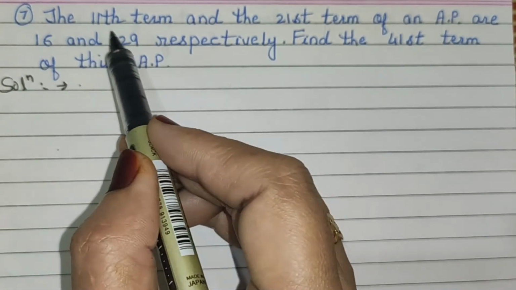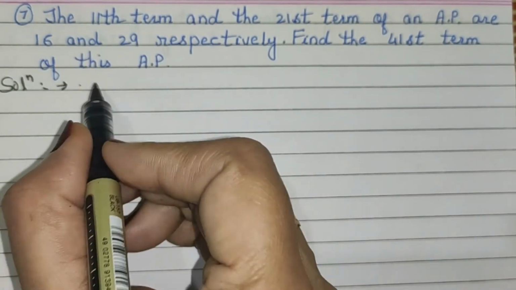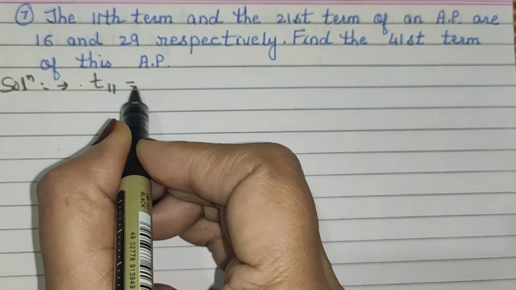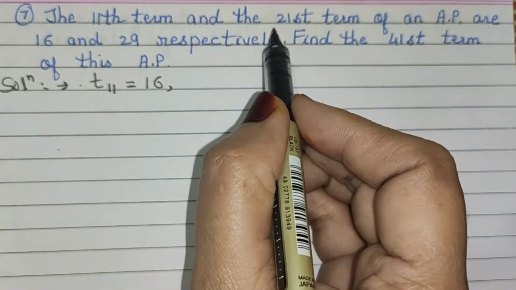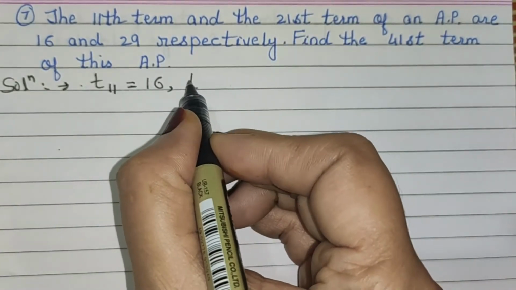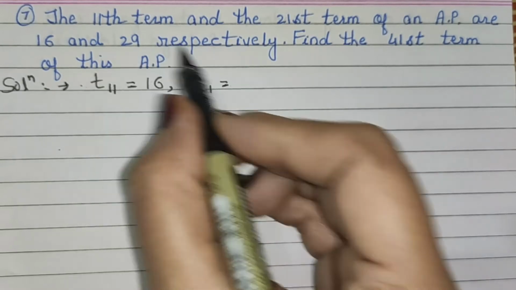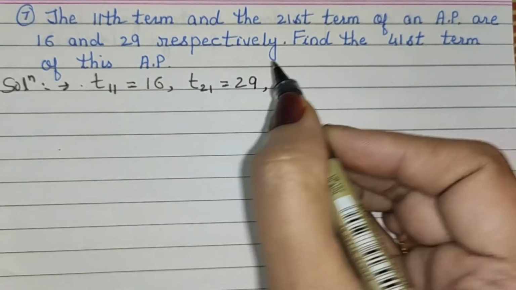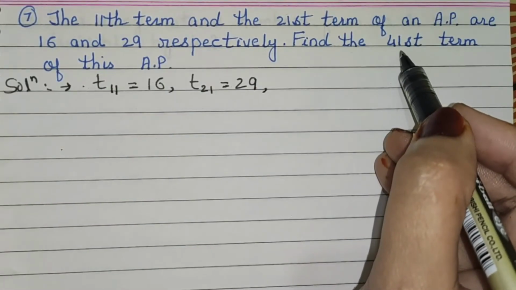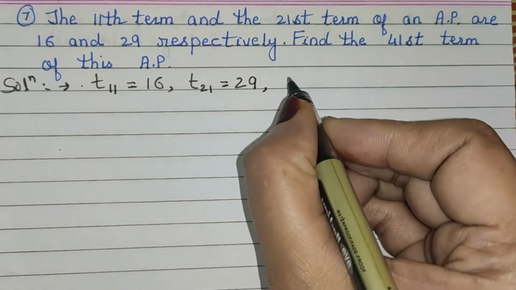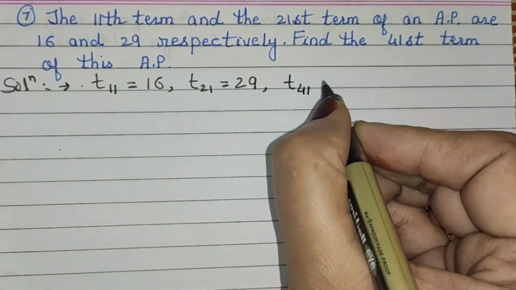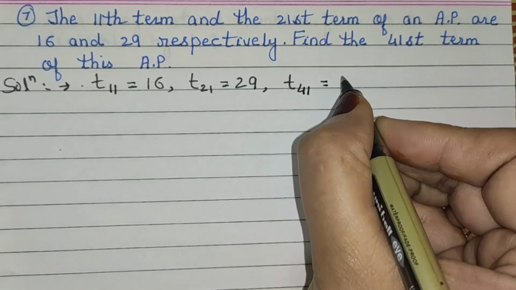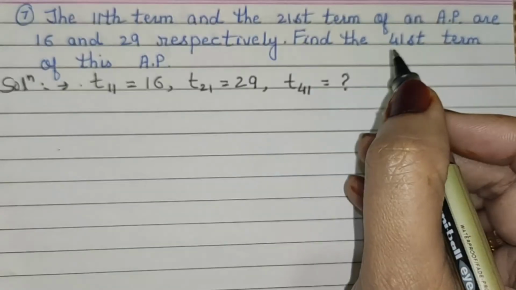Now the value of the 11th term is 16. Write down here, T11 is equal to 16. 21st term means T21 is equal to 29. Find the 41st term, T41. Our aim is to find the value of T41.